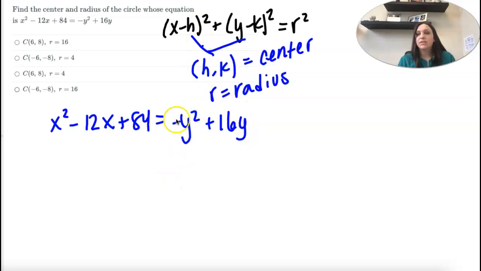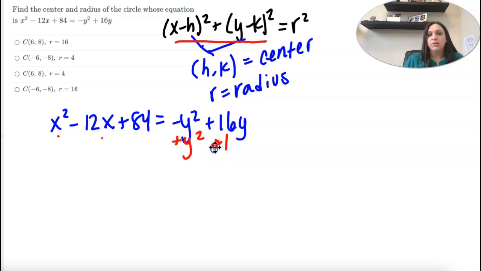In order to get this in standard form, I'm going to get all my x's together, which they already are. But I need my x and y on the same side of the equal sign. So I'm going to add y squared and subtract 16y from both sides of the equation to get 0 over here.